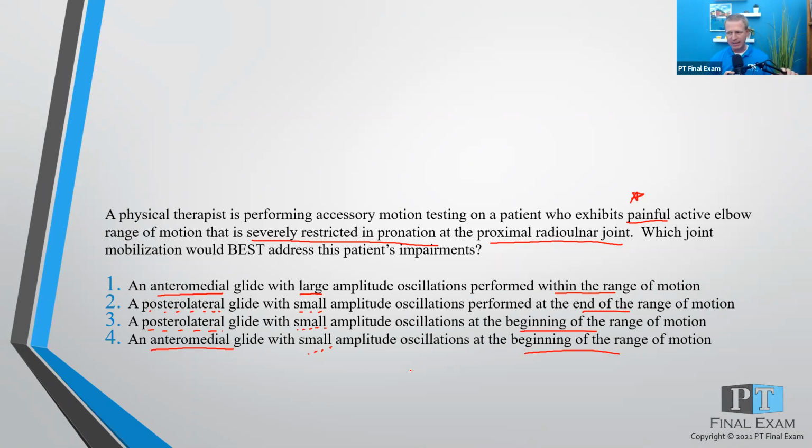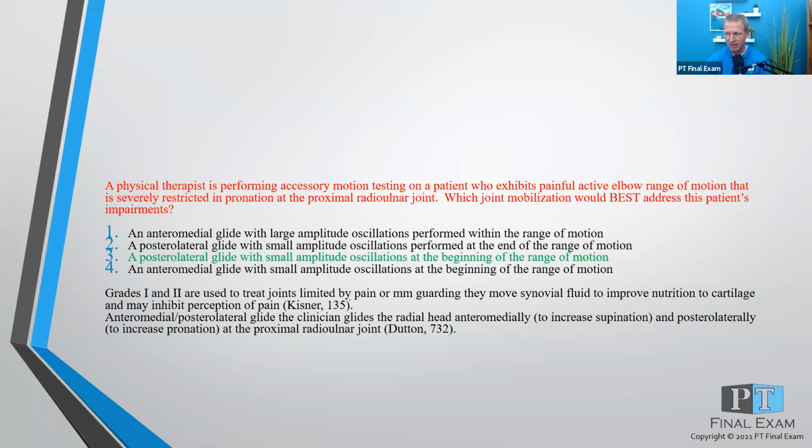All right, so when you look at all that, you see that each answer option contains a bunch of information, and they love to write questions like this because each answer option contains a whole lot of content. So which one of these is the correct answer? If we're trying to improve wrist pronation, especially if it's painful, and this is the key modifier here, a painful elbow range of motion with wrist pronation, the posterolateral glide with small amplitude oscillations at the beginning of the range of motion is your first step.